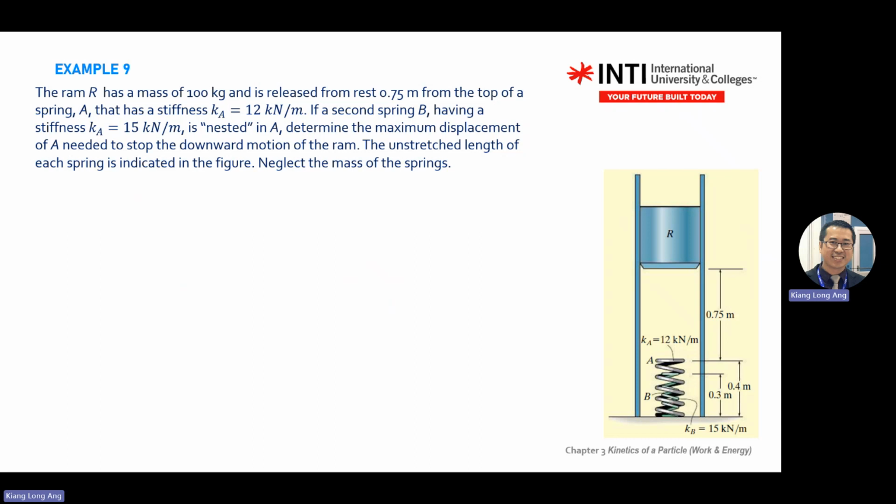So this question is similar to this question. The unstressed length of each spring is indicated. So this is the initial length: A initial is 0.4, B is 0.3. The question asks you for the maximum displacement of A when you need to stop this ramp.